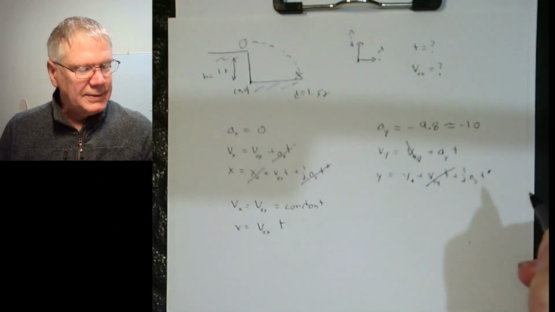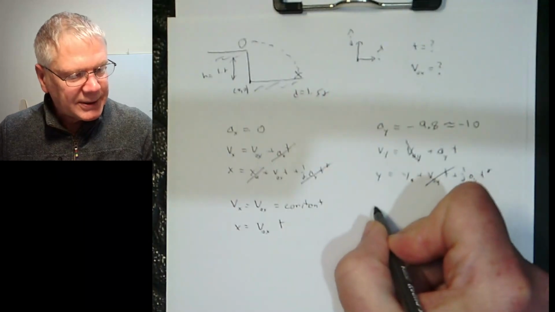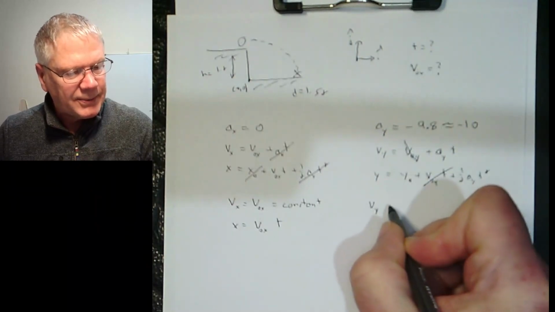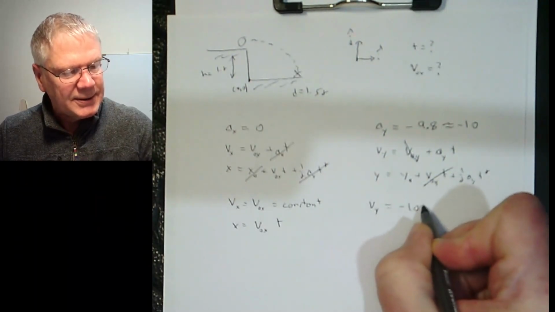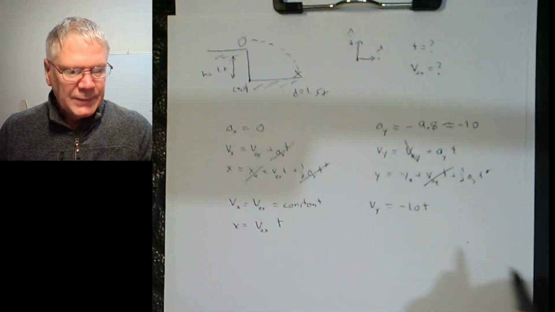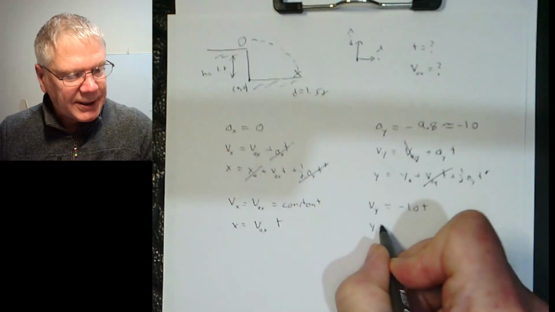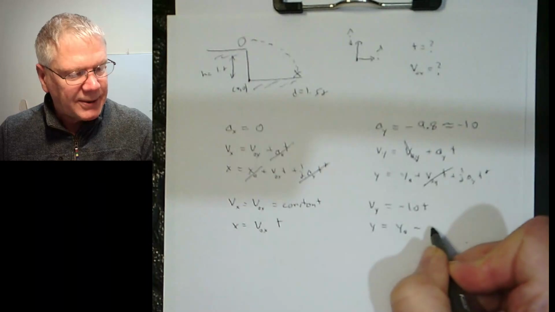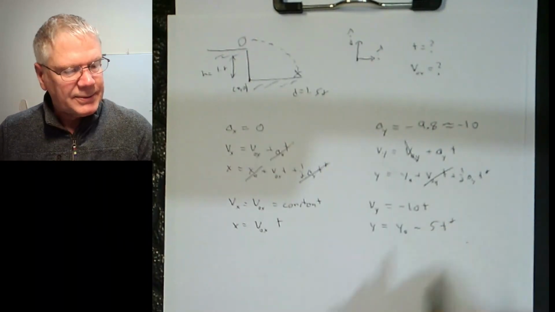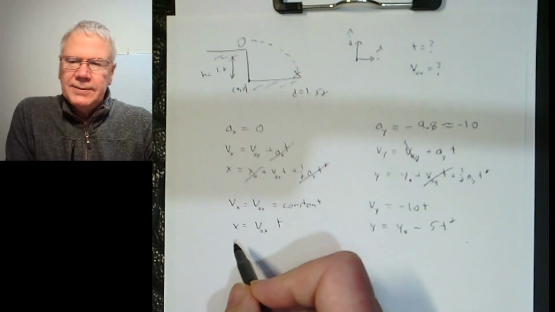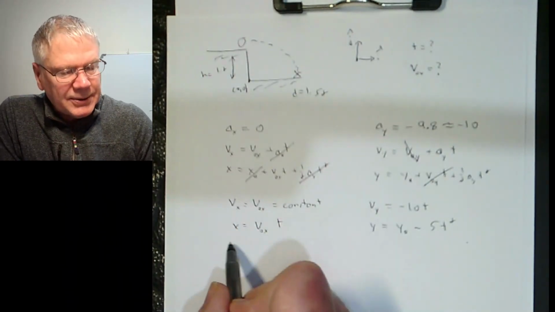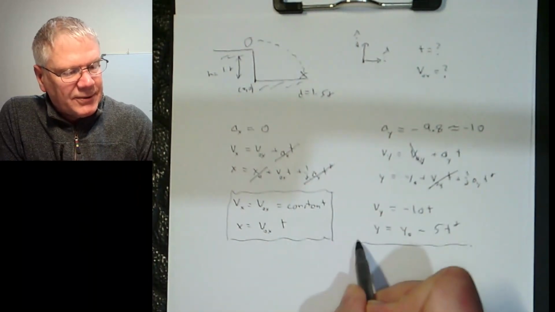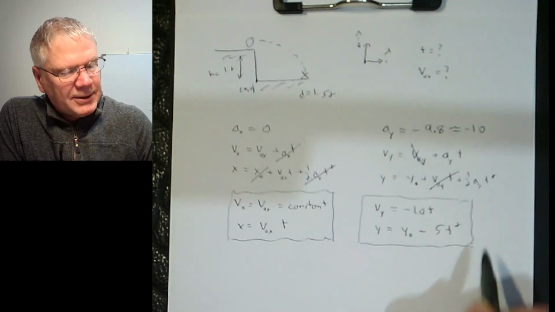The x was 0. So these equations are, and I'm going to leave out the a because that's constant: velocity y at any time is equal to minus 10t, and the distance y at any certain time is the initial y minus 1/2 a_y, that's 5t squared. So I've taken my equations of motion that describe motion in general, and now I have a specific set of equations for this problem. And for a different problem, they'll be different.